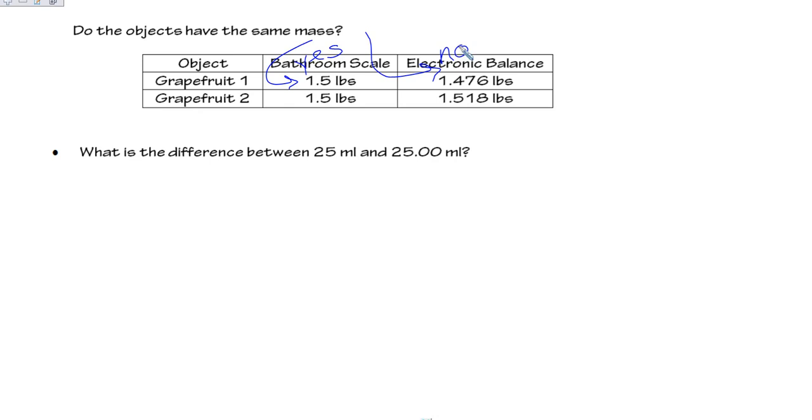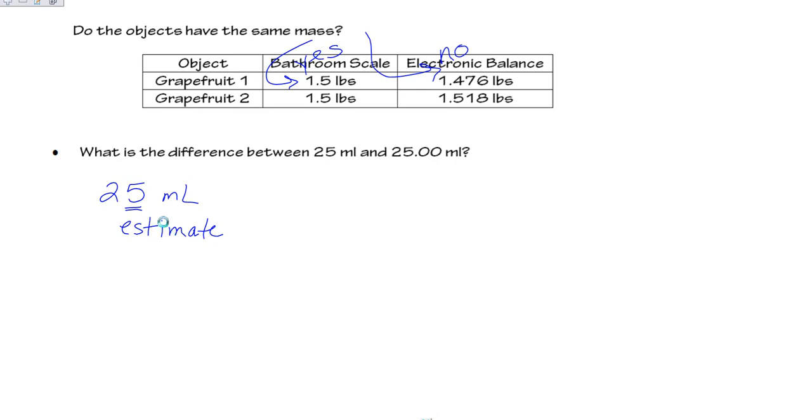These numbers are not the same. If somebody just says 25 milliliters, this is the uncertainty, this 25. This is the estimate. This tells me that the person wasn't really sure if it hit 25. It could have been 24. It could have been 26. I don't know. The best marking they had on their graduated cylinder was 20 milliliters.